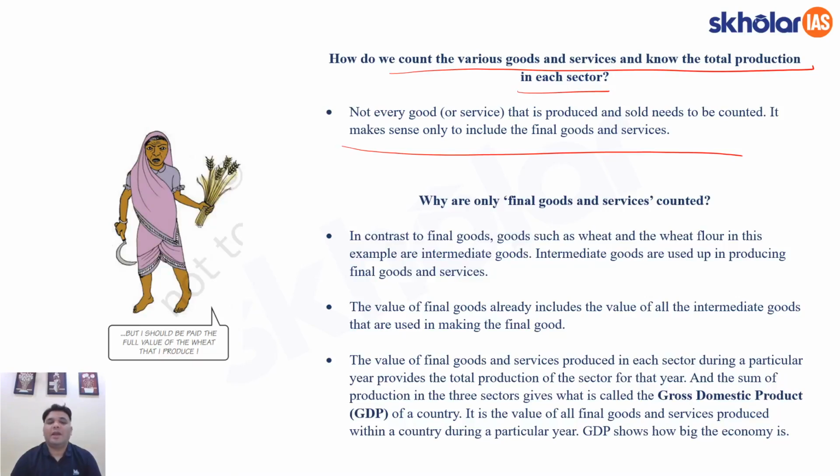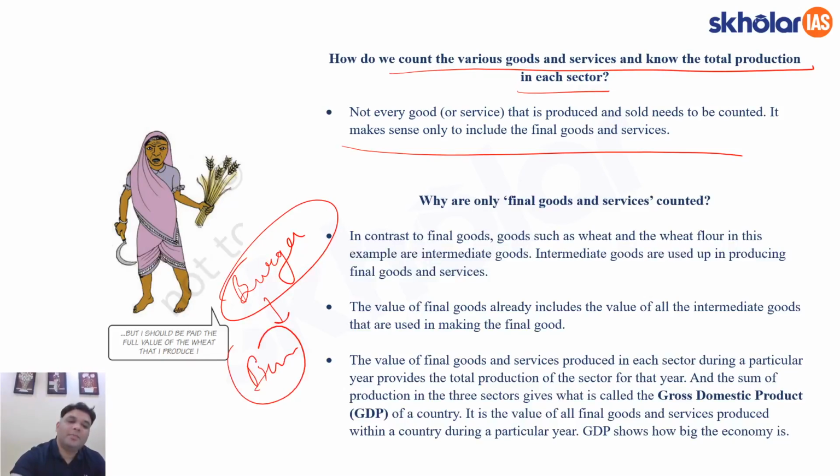Right. जैसे I'm talking about a burger. Right. So burger will have bun. This bun is made of wheat. Right. So agrarian sector में जब wheat बन रहा है, तो उसको काउंट करने की बजाय अगर मैं सिर्फ एक बर्गर को काउंट करूं, तो उसमें भी wheat की कॉस्ट इंक्लूड हो गई, wheat की वैल्यू इंक्लूड हो गई.